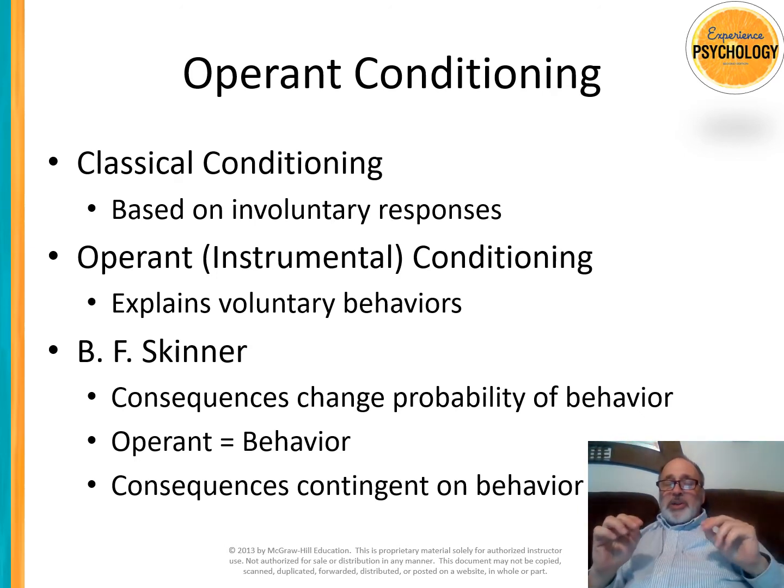What we do in classical conditioning is we associate a neutral stimulus with a reflex. And that becomes so associated that the new neutral stimulus introduced will elicit the same response. That's when learning has taken place in classical conditioning.